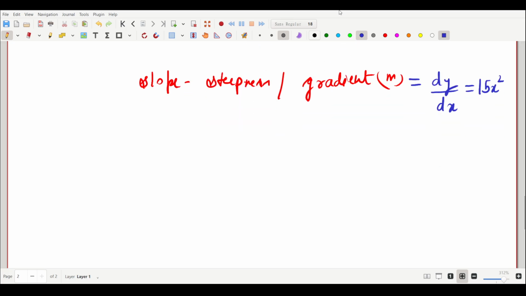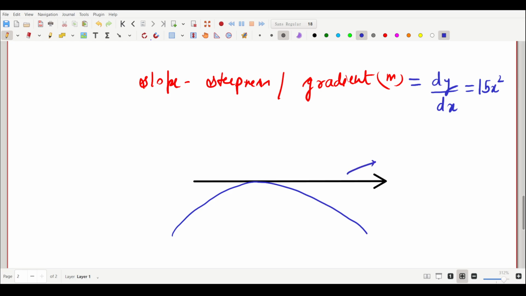Then we have learned how to use this particular dy over dx concept for finding the equation of tangents and equation of normal. There are two kinds of line. If I draw a curve like this, a tangent to the blue curve is the black line.